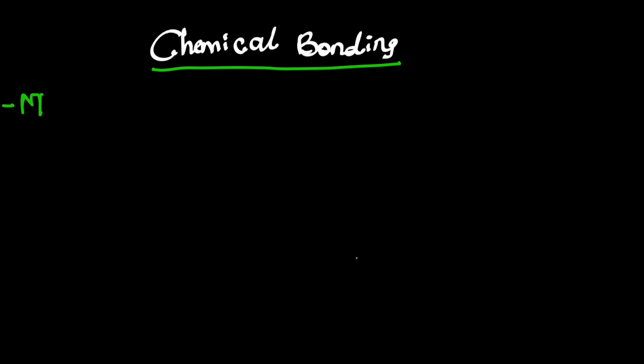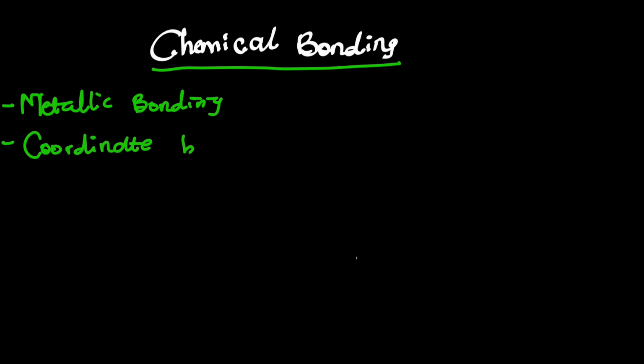One of them is called metallic bonding, and the other is called coordinate bonding. All right, so these are basically the other types of bonds that are found between atoms.